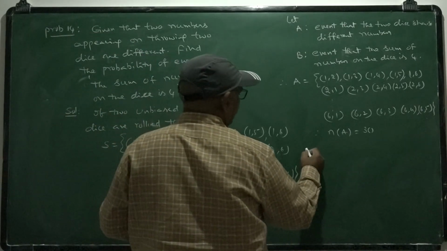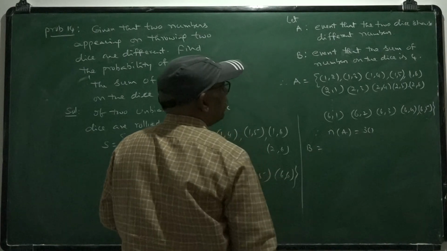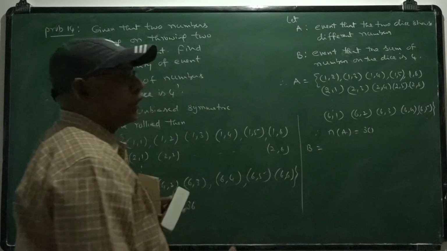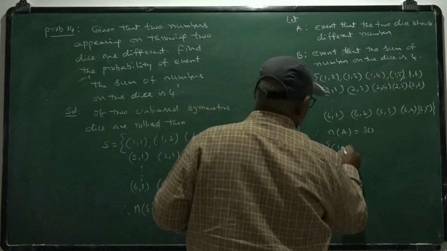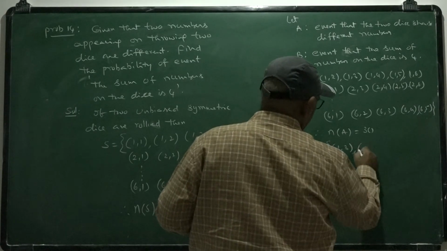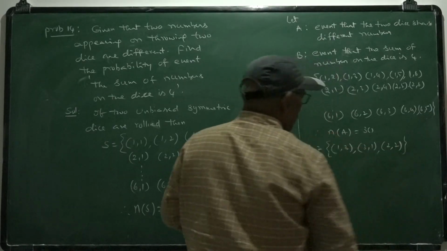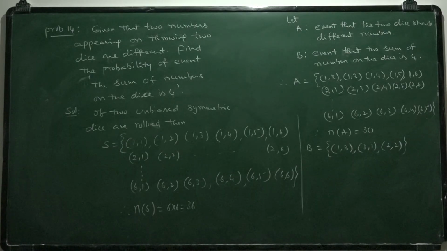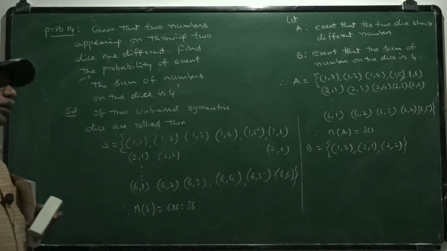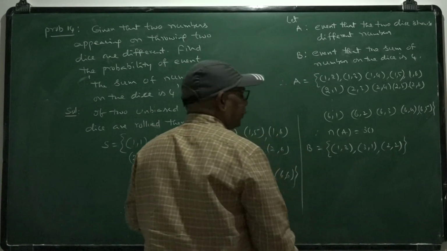Similarly, B. In case of B, the event that the sum of the numbers on the dice is 4. This is possible for 1 3, 3 1 or 2 2. There are no other possible outcomes in favor of B. Getting 1 on one die and 3 on the other die, or 3 and 1, similarly both equal, 2 2.